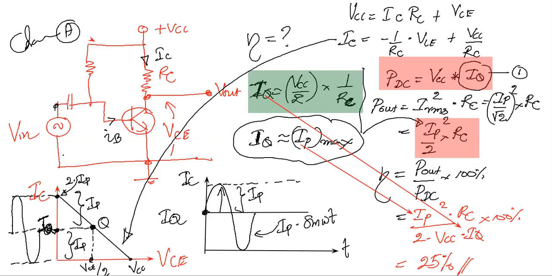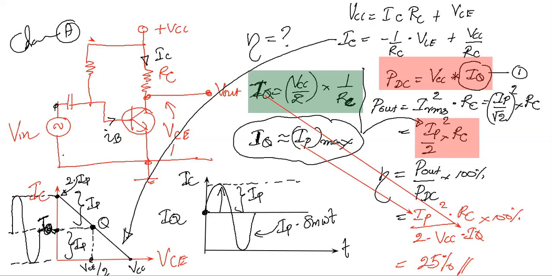This model we call the series feed class C amplifiers. You just measure the voltage output between collector and emitter.